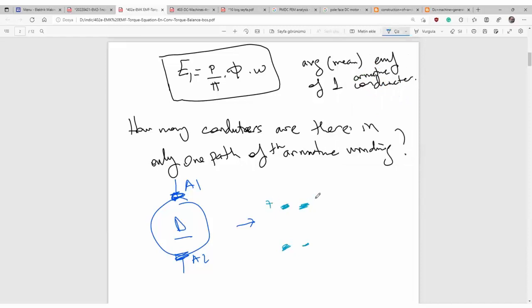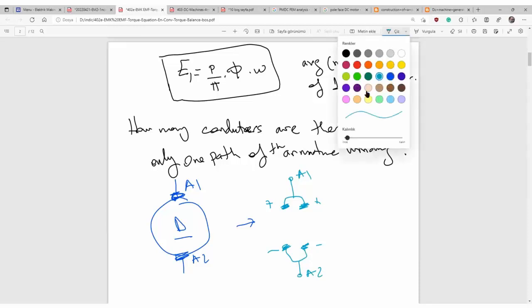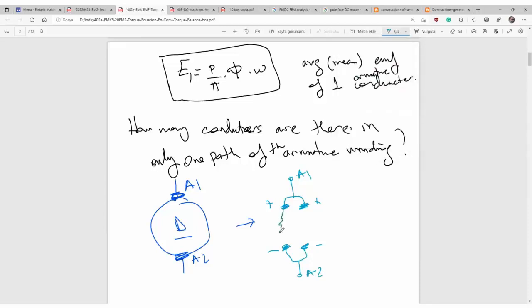Plus, plus, minus, minus. Here are 4 brushes connected, and then A1 is here, A2 is here. And then between those 4 brushes, here are 4 current paths. And now, you wonder, what is the EMF of armature between the armature terminals?